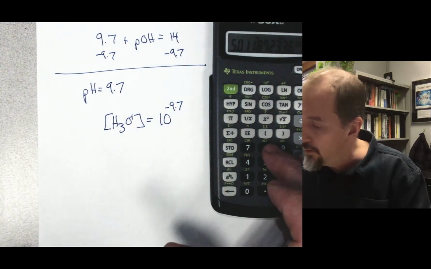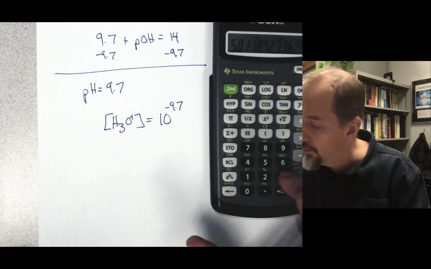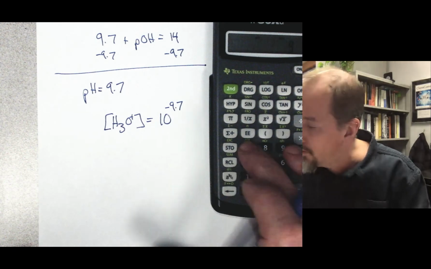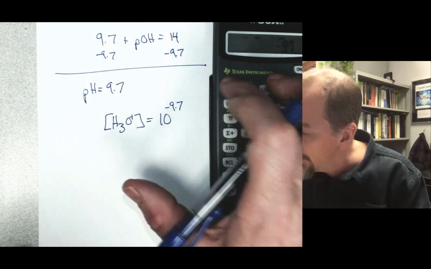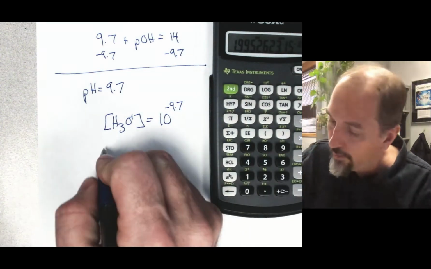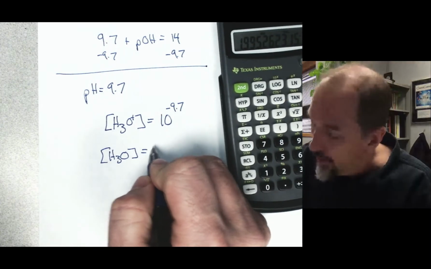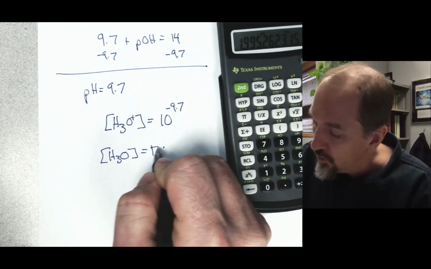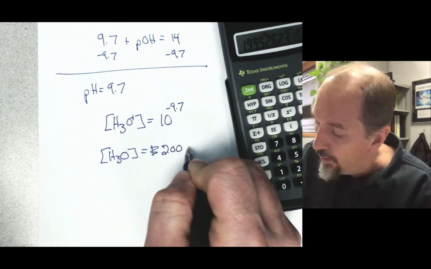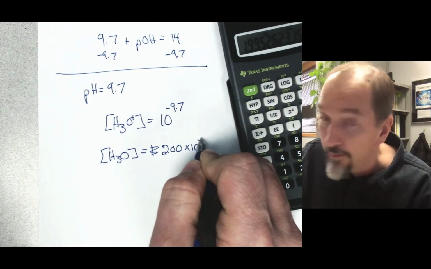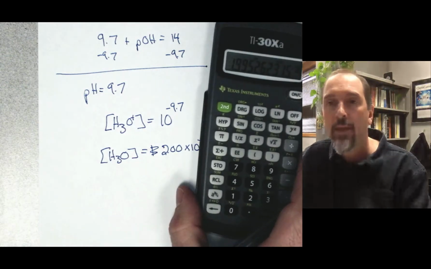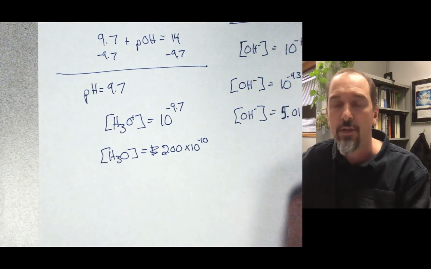So I'm going to take 9.7 negative second log. And so we get the hydronium ion concentration equal to 2.00 times 10 to the negative 10th. That will be the hydronium ion concentration.